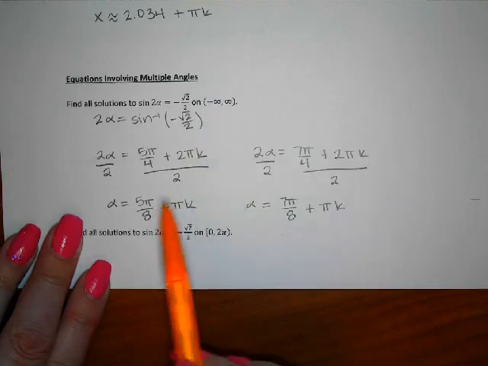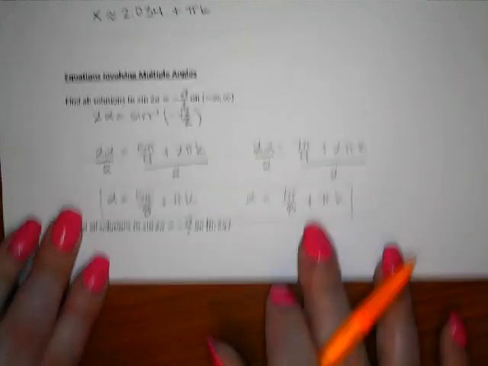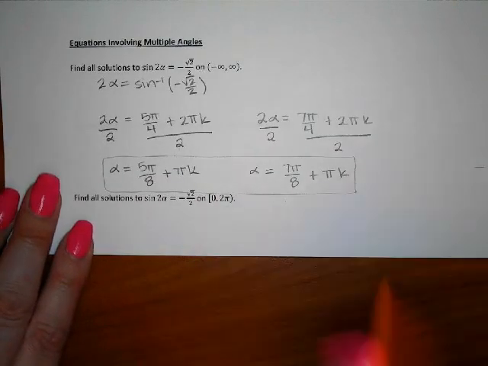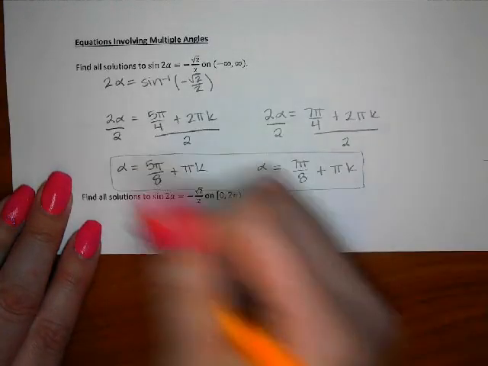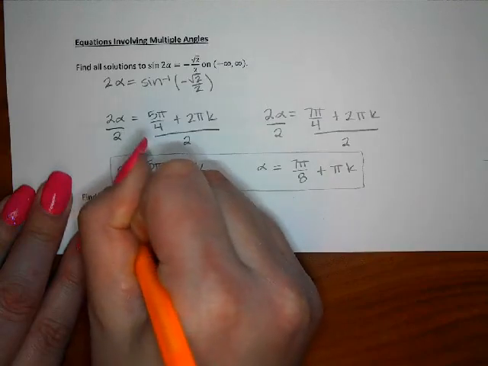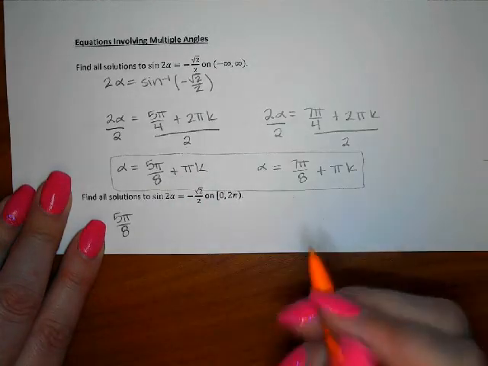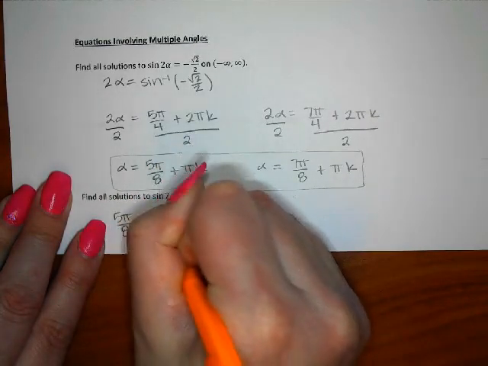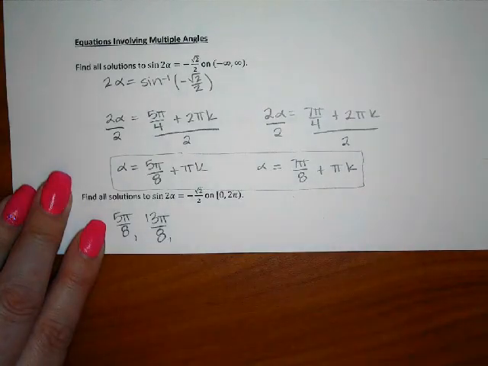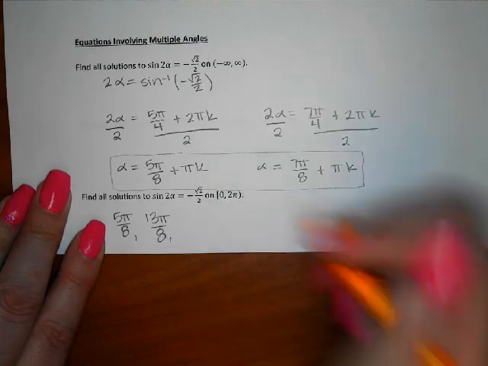And then if we want to find the answers from 0 to 2 pi, then we can actually use these as kind of like formulas to give us the answers. So I would say we have 5 pi eighths, and then plus 1 pi would be plus 8 eighths. So 5 eighths plus 8 eighths would be 13 eighths. Plus another 8 would be 21 eighths, and that's too big. Because 0 to 2 pi in terms of eighths would really be 0 to 16 pi eighths.